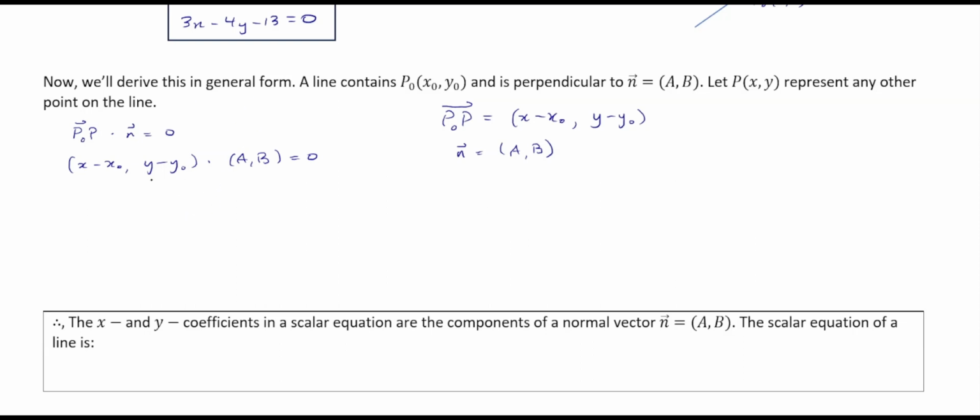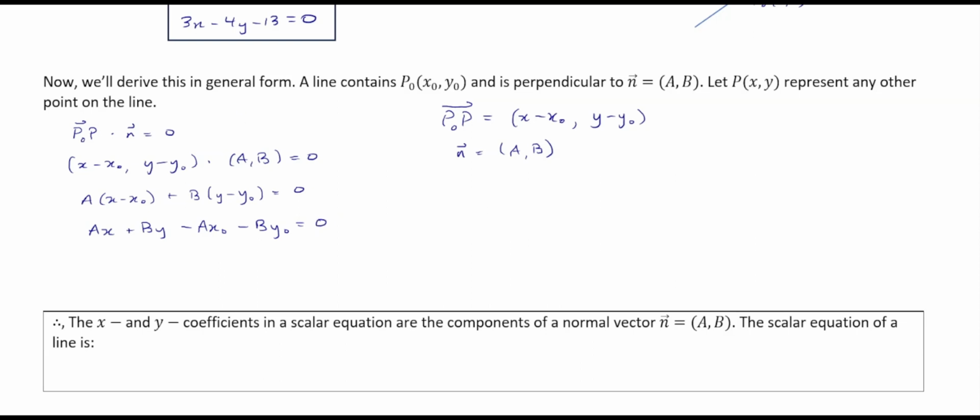And so now I'll have a(x minus x0) plus b(y minus y0) is equal to 0. Expanding this out, I get ax plus by minus ax0 minus by0 is equal to 0.